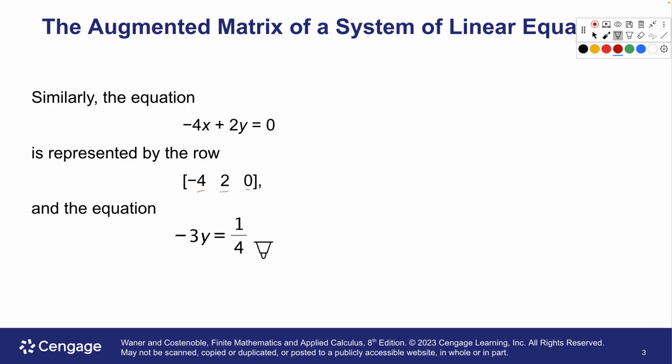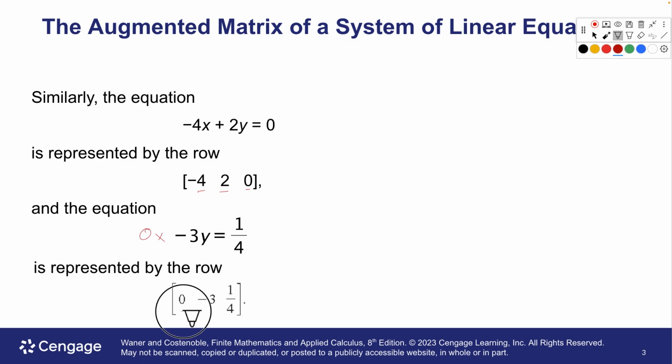We have another equation. Remember, if there is no x, that must mean there is a 0x. So when we go to put the matrix, we put that 0 in there for the x, -3 for the coefficient of y, and what it's equal to is 1/4. Now, if this was a system of equations, we could actually put those together and have two rows.